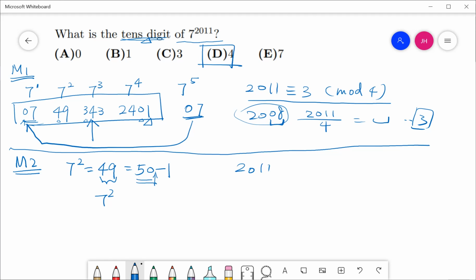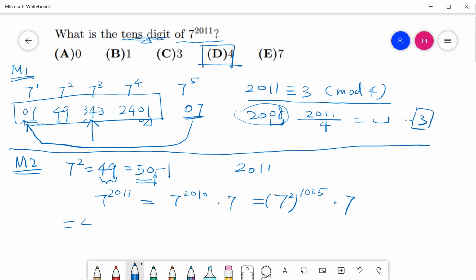7 to 2011, we rewrite this as 7 to 2010, which is an even number, then times 7. Then by the exponential rule, that equals 7 squared to the 1005, then times 7.